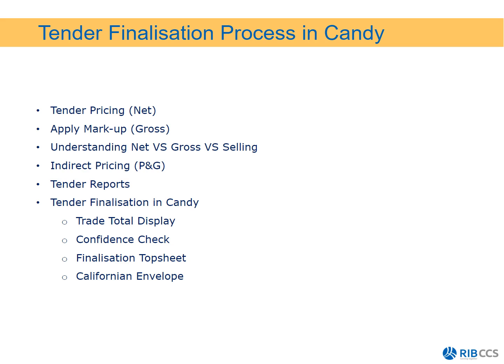You need to then price your indirect, your PNGs. You then do your tender reports, and part of your tender finalization pack in Candy is your trade total display. You do a confidence check to make sure everything has been priced. You then do your finalization top sheet and a Californian envelope.